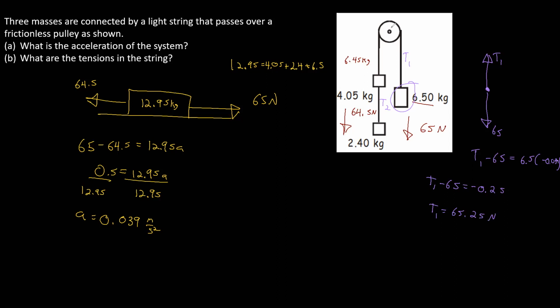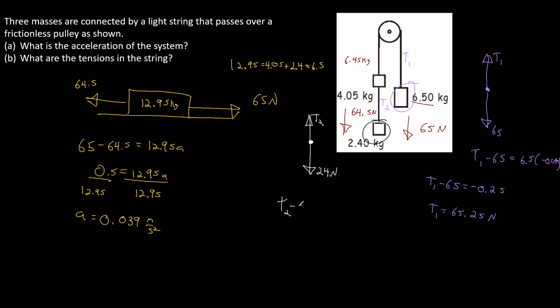Likewise, to find T2, I'm just going to look at the left one, the bottom one. Now, the reason why I'm doing that is this one here, the upper one, has both tensions acting on it, so the force diagram is more complicated. The ones that only have one string acting on it, it's just tension up, gravity down.